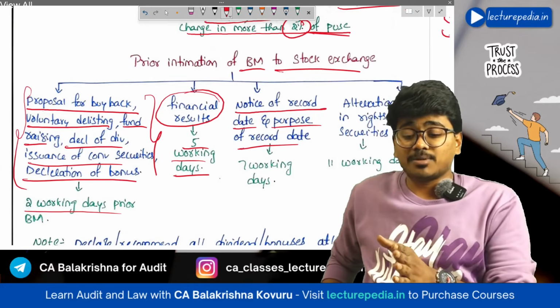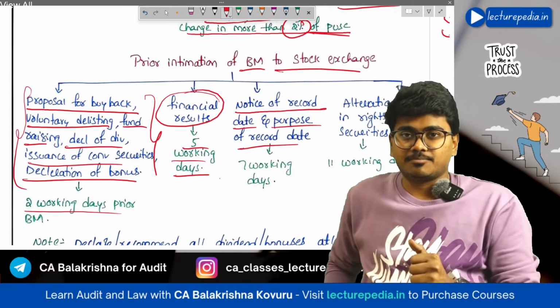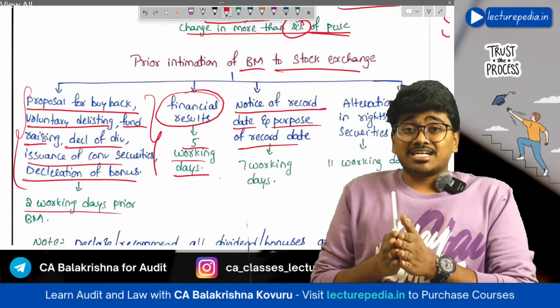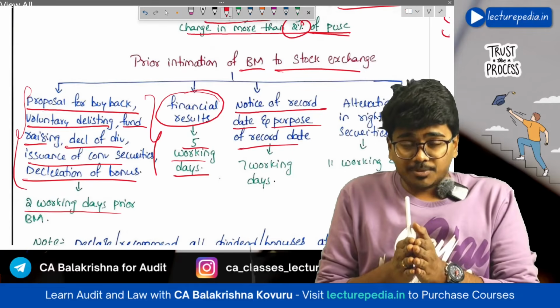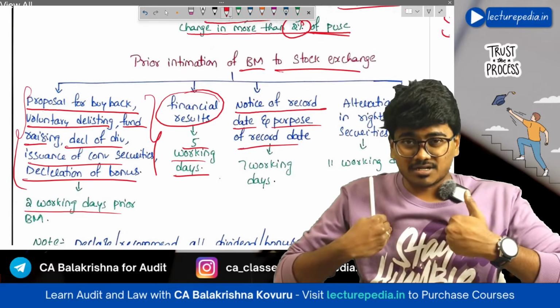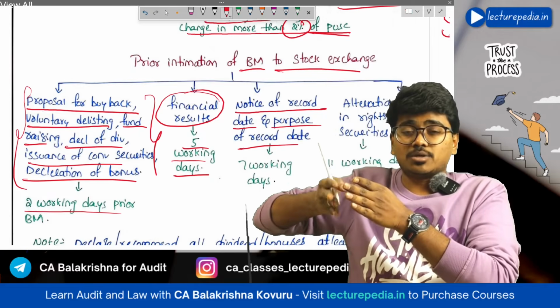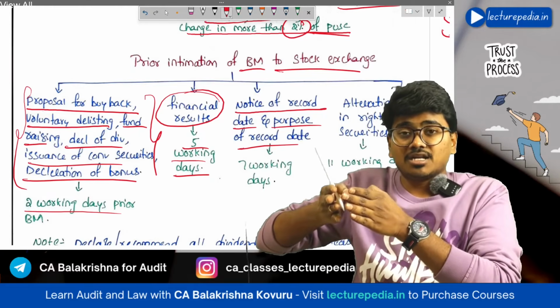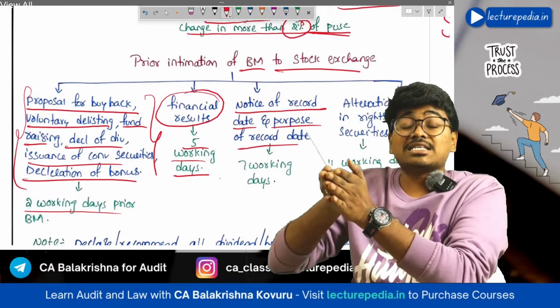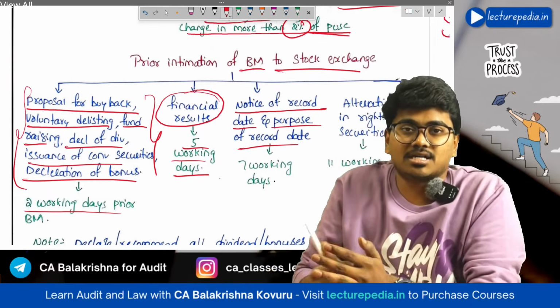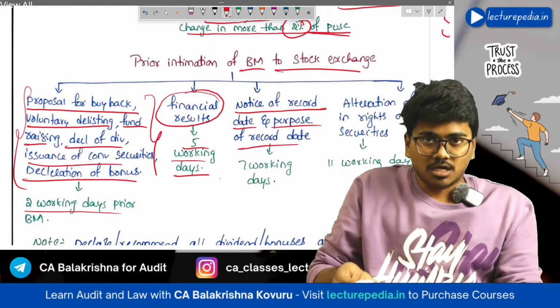So for this purpose, you have to announce a cutoff date, let's say 5th March 2025. All the people who are shareholders of our company as on the closing date of 5th March 2025 will receive the dividend. This is known as the cutoff date. What is the cutoff date? It is 5th March in our example.